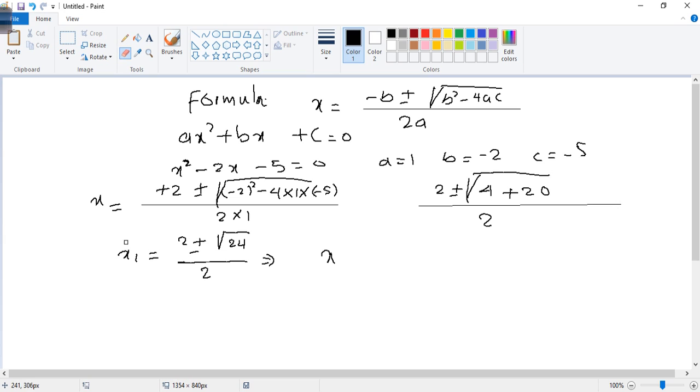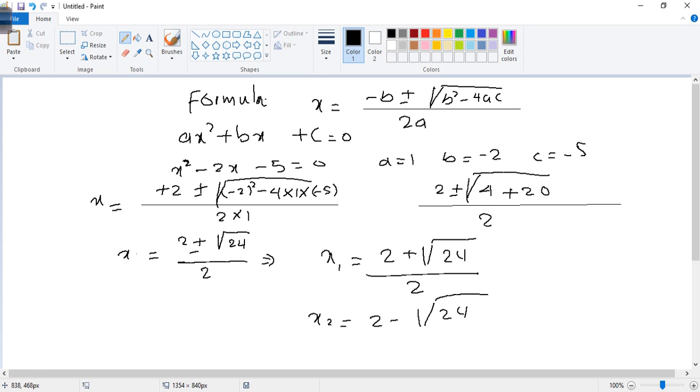Now let's find x1. x1 we take with plus, it will be 2 plus the square root of 24 divided by 2, and x2 equals 2 minus the square root of 24 divided by 2, and by calculator we can find the values of x1 and x2.